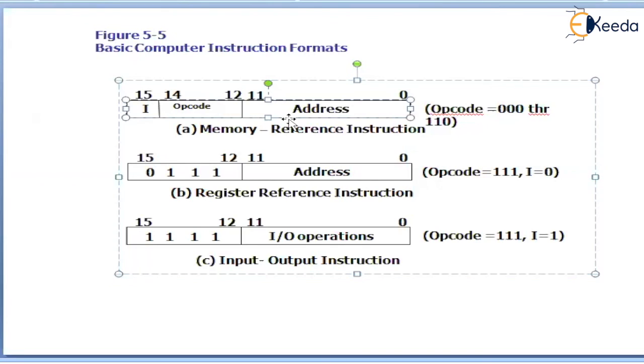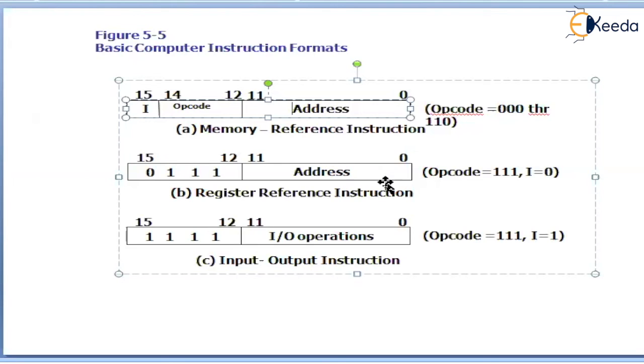This address we will use only in the memory reference instructions. That is because for the memory reference instructions, operands are available in main memory. Main memory has an address. So for memory reference instructions only, I do require an address field and a mode field. But when it comes to the register reference instructions, I don't require addresses because we are not going to the main memory.